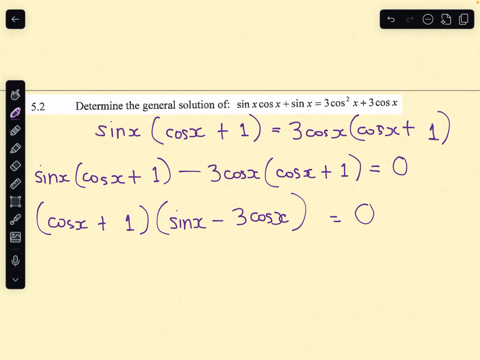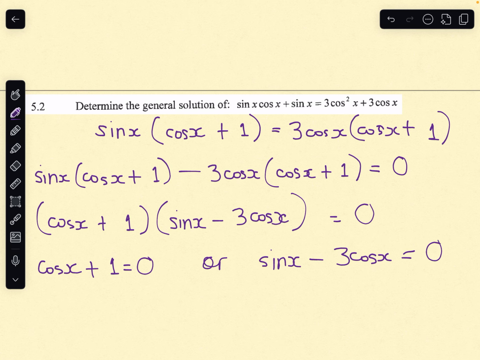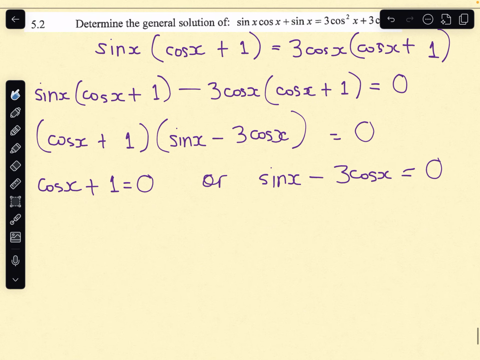The null property says if two things times together gives me 0, at least one of those things has to be 0. So either cos x plus 1 is equal to 0, or sine x minus 3 cos x is equal to 0. So these then become simpler equations for us to solve.